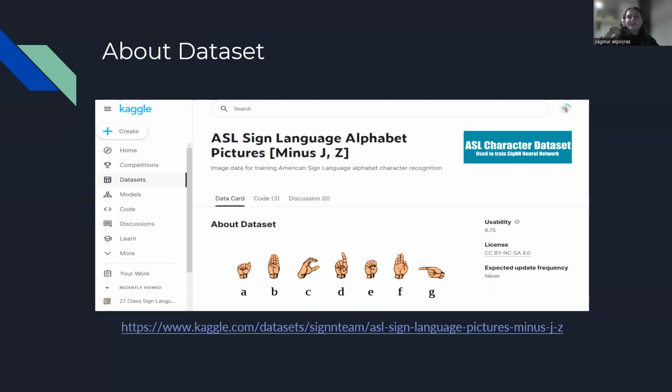It is J, it is Z. We would like to use image processing in our project, but if we add J and Z, it will include video processing, and it is not our aim in this project, so we will not use J and Z signs.